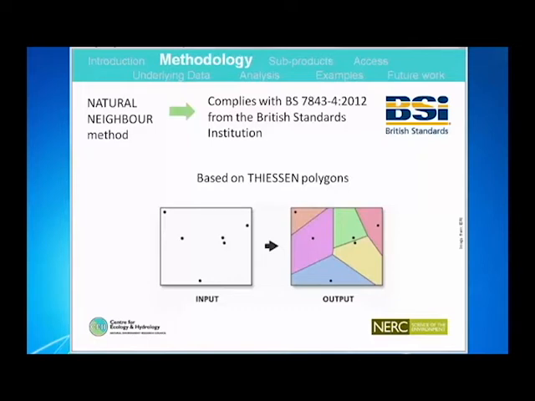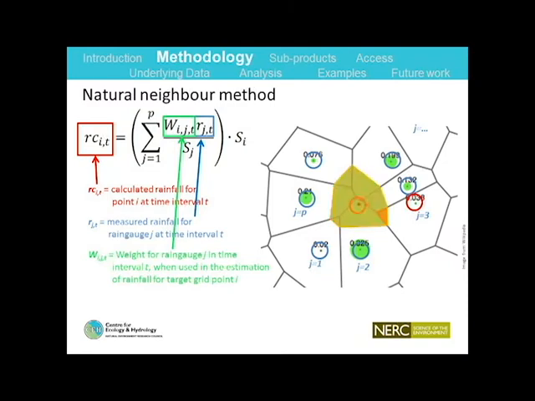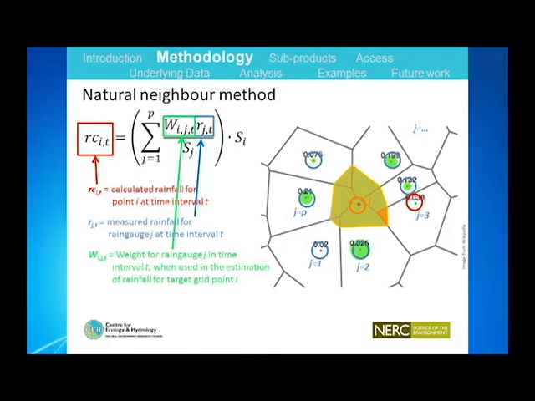The natural neighbor uses those Thiessen polygons, and if you want to calculate the rainfall at a point, you draw a new Thiessen polygon for that point, and the rainfall is then calculated as the weighted average of the rainfall measured at the surrounding rain gauges. The weight that is applied is, for example, for that red circle point, the area that has been removed from the original polygon divided by the area of the newly introduced polygon.